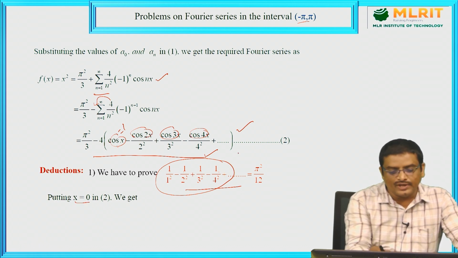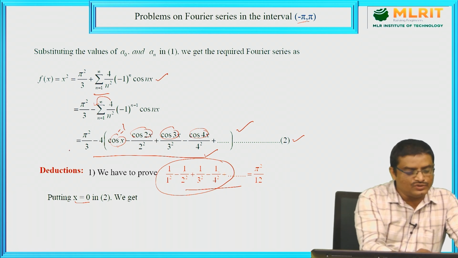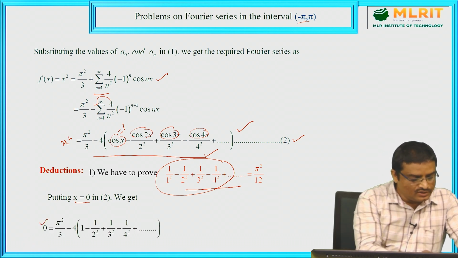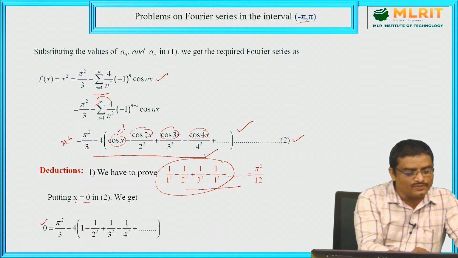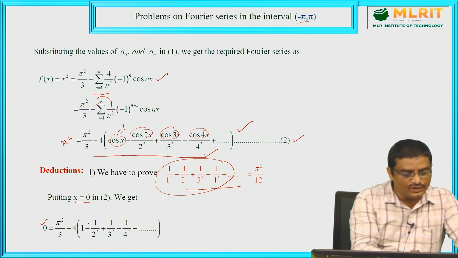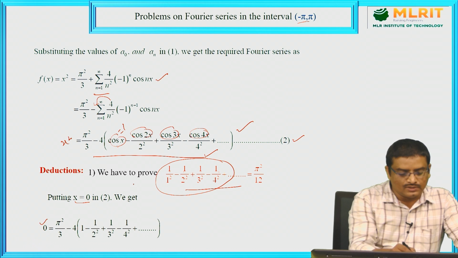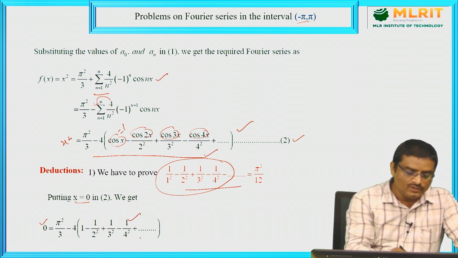Now, you substitute x is equal to 0 in equation 2. If you substitute x is equal to 0 here, in the LHS, 0 square, that is 0. So, pi square by 3, you keep that, we do not have any x term here, minus 4 into cos 0, that is 1, minus cos 2x, x is equal to 0, here also you will get cos 0, that is 1, by 2 square, plus cos 3x, cos 0, this is also equal to 1.